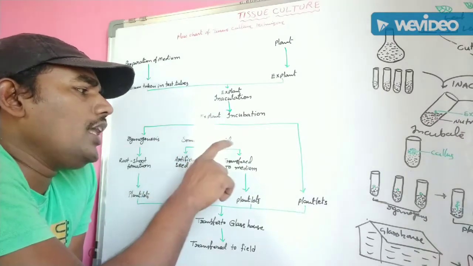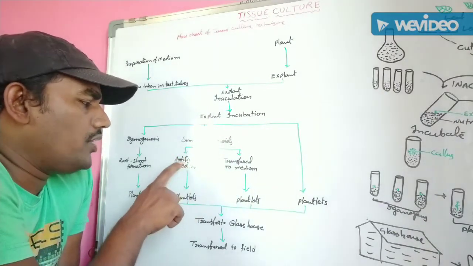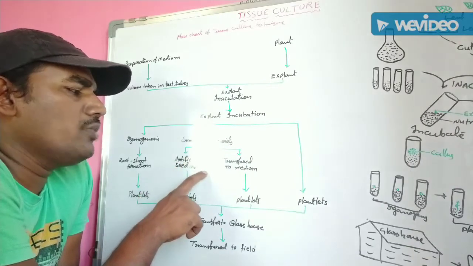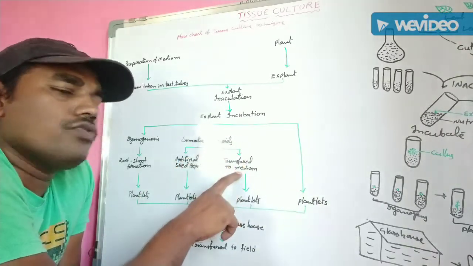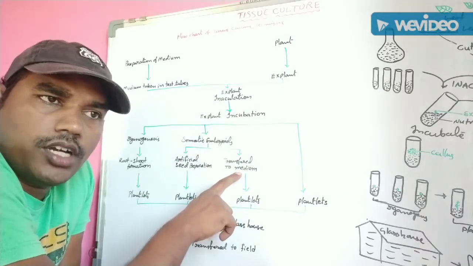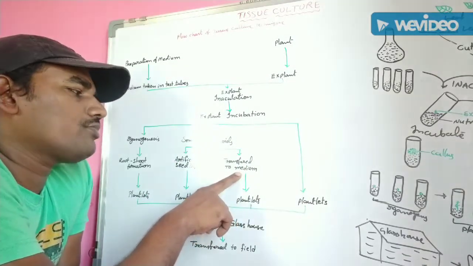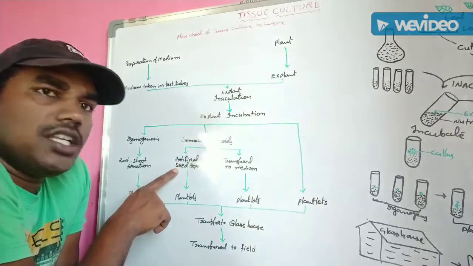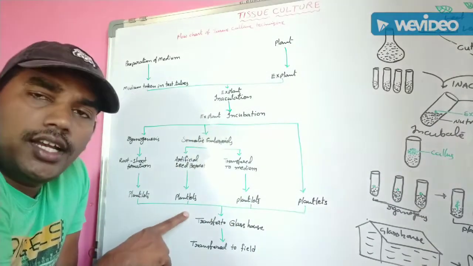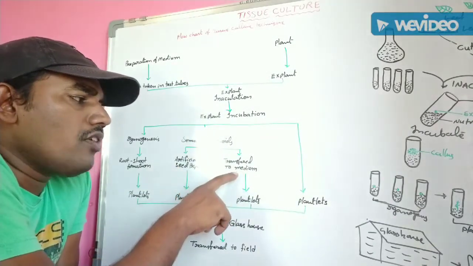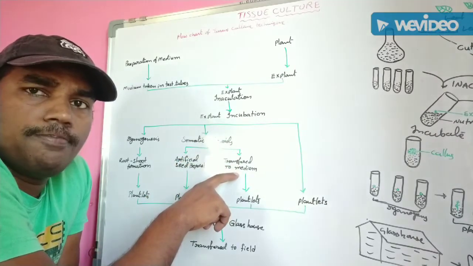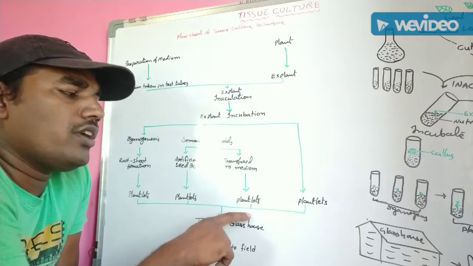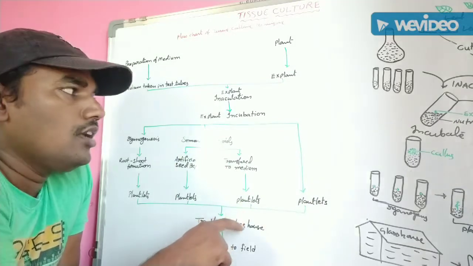The somatic embryos are utilized for the preparation of artificial seed, and these somatic embryos are transferred to another nutrient medium. These artificial seeds germinate to form plantlets. The transferred somatic embryoids in the medium test tubes also form plantlets.